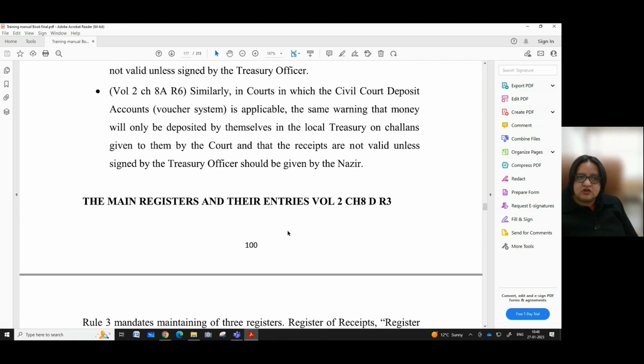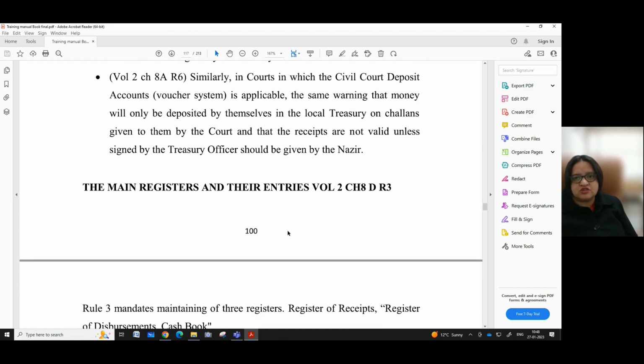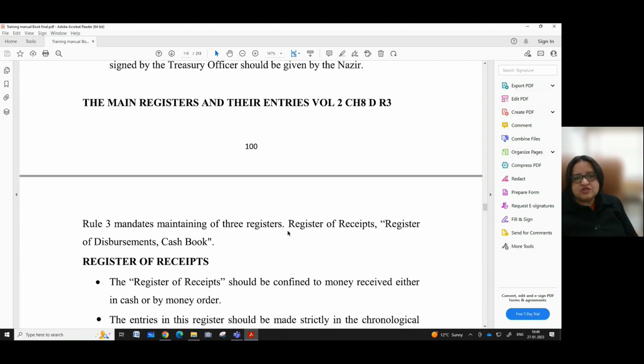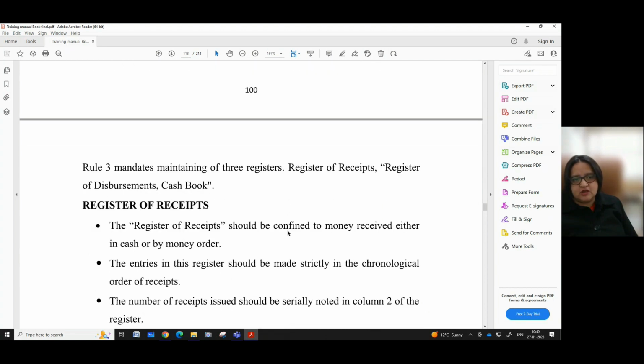Volume 2, Chapter 8A, Rule 6 says similarly that in courts in which the civil court deposits account voucher system is applicable, the same warning, that money will only be deposited by themselves in the local treasury on challans given to them by the court, and that the receipts are not valid unless signed by the treasury officer, should be given by the Nazir.